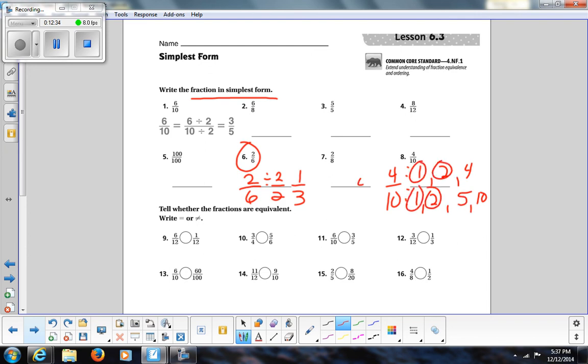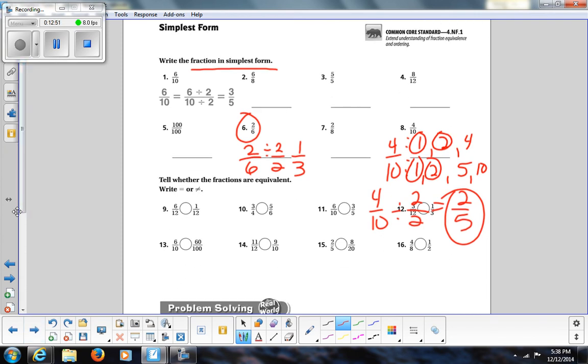Okay, so 4/10 divided by 2 equals 2/5, which is now in simplest form. Scroll down a little bit.